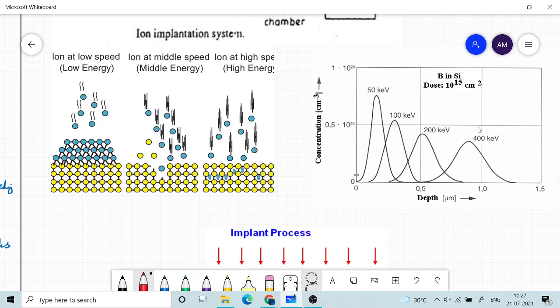So usually it is operated at different energy levels, so that the entire region will get doped. If you want to dope it from 0 to say 1 micrometer or 500 nanometer, then you need to repeat the process with different energy levels, so that the entire area can be doped from 0 to 500 nanometer.